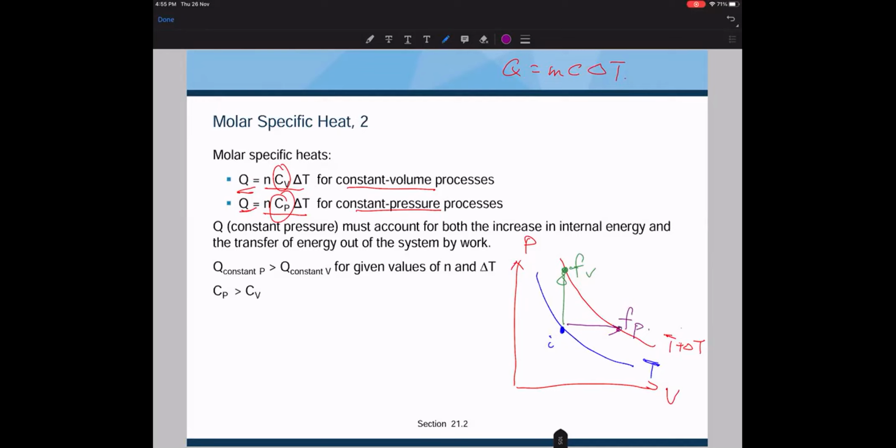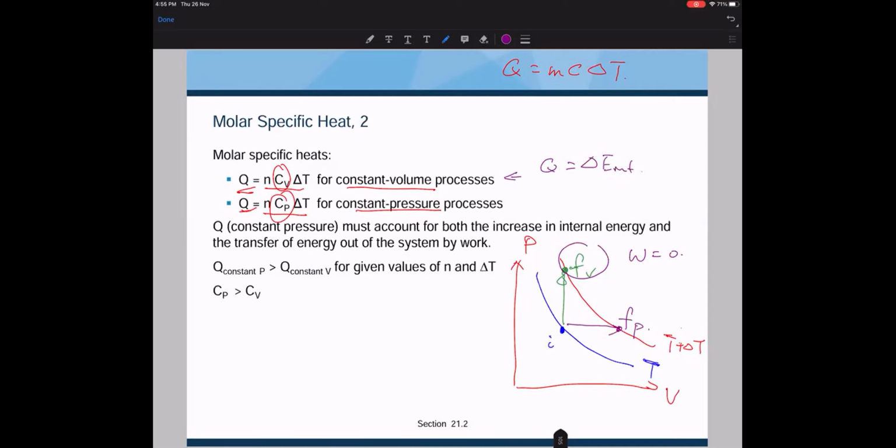Notice that they have the same final temperature, meaning that the internal energy change is the same. And there is no work done in the case of the constant volume process. Work done is 0, which means that all the heat energy supplied in the constant volume process would be equal to the internal energy change.